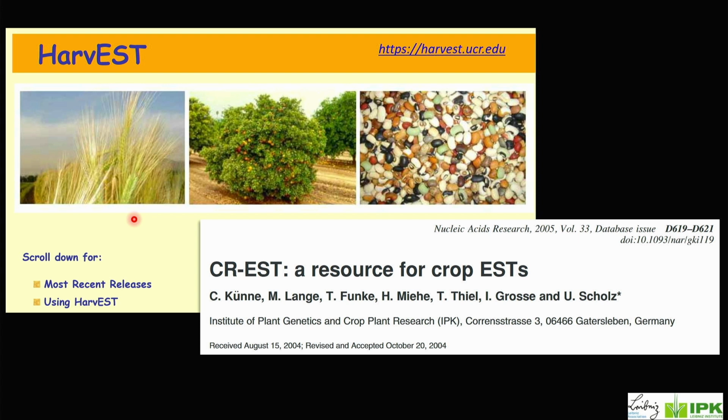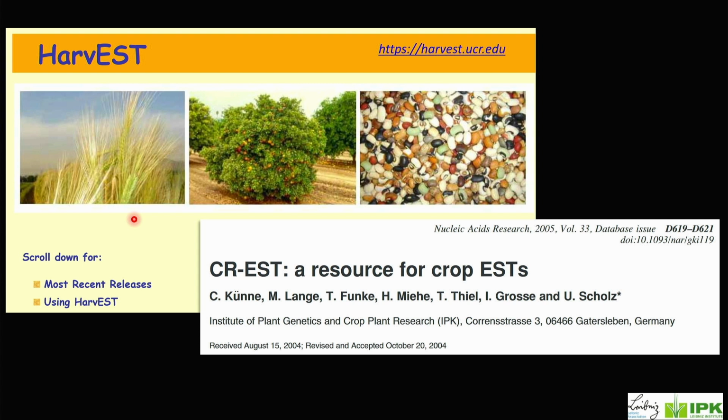Then as sequencing started first on the transcriptome level, when cDNA libraries were systematically sequenced at the beginning of the 2000s, project-specific databases showed up. HarvEST, a project driven by Tim Close at UC Riverside, was a very useful resource. At IPK, we had also an EST database.